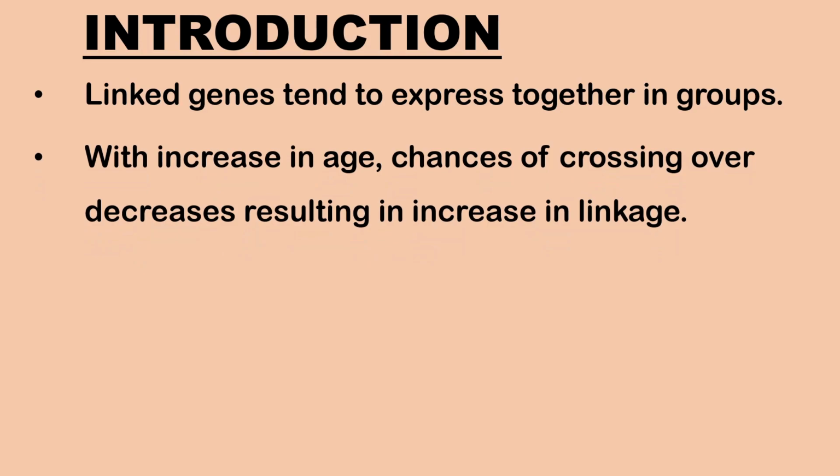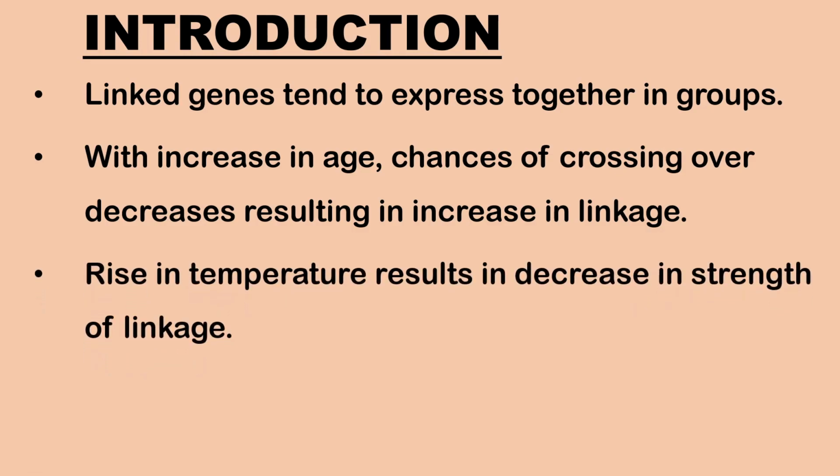As the age of an individual advances, chances of crossing over decreases, resulting in increase of linkage. Rise in temperature helps in chiasmata formation and results in decrease in the strength of linkage.